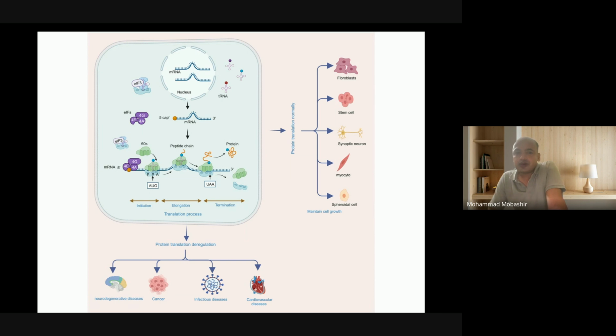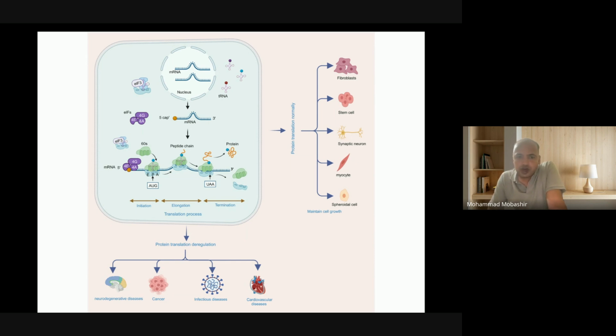As you know, the translation process includes three steps: initiation, elongation, and termination. For initiation, you need AUG, the amino acid codon, which is methionine, and then UAA as one of the three codons which are responsible for termination, known as a termination codon or stop codon. In between is the elongation process. After that, protein translation normally, you can look for in fibroblast, stem cell, synaptic neuron, myocytes, and steroidal cells.